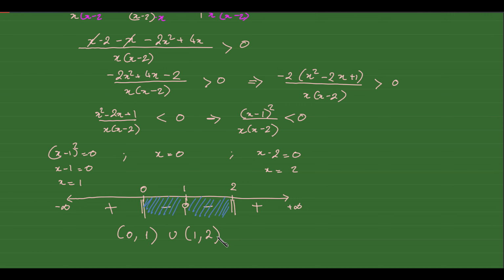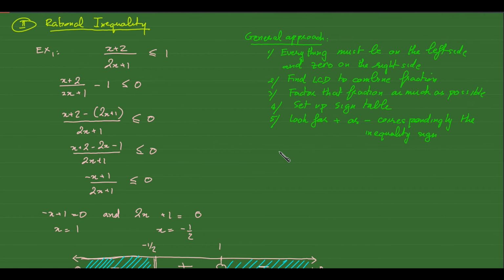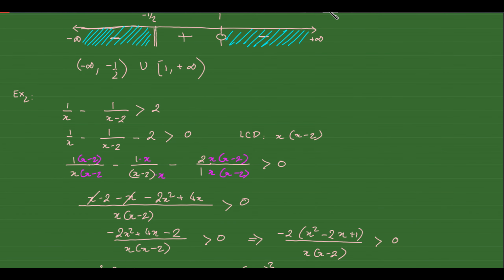How about this one right here? Let's see. Something really kind of interesting. Let me see. I have enough space right here. Okay, let's do example number 3. So let's say I have something like this.